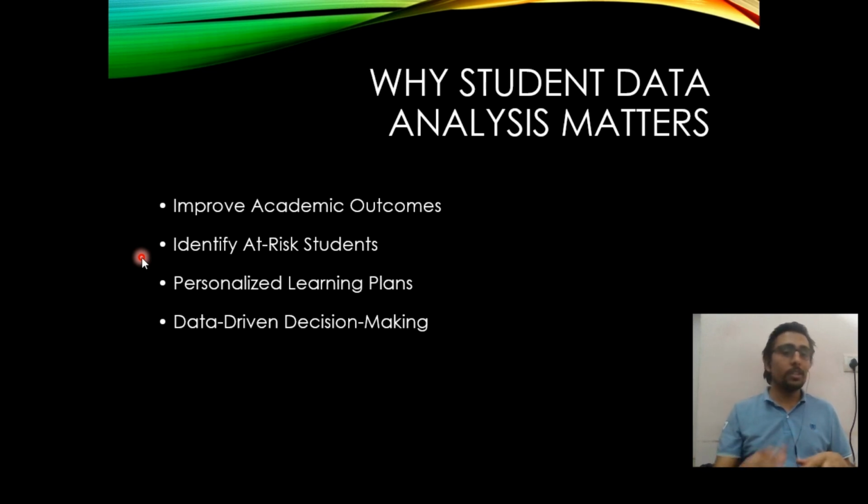It improves academic outcomes. It identifies at-risk students early. Let's suppose they try to showcase performance metrics. Some performance metrics can be made in data analytics, like the students who score a particular score, for example 90% or 85%, and to set some benchmark, they will identify at-risk students early on.